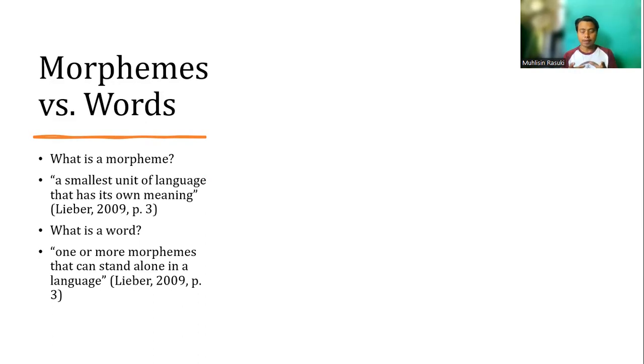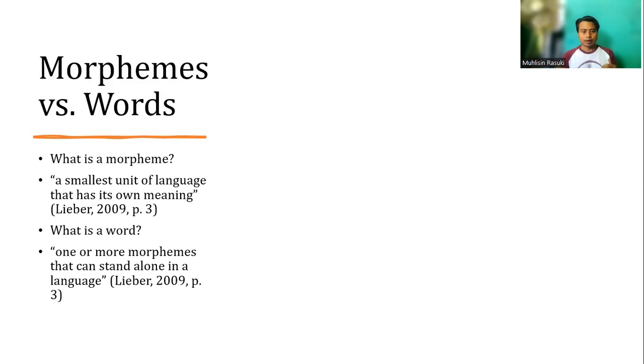When it is attached to appropriate verbs, it provides additional meaning to the stem, or the root, or the basic word. But what about words?